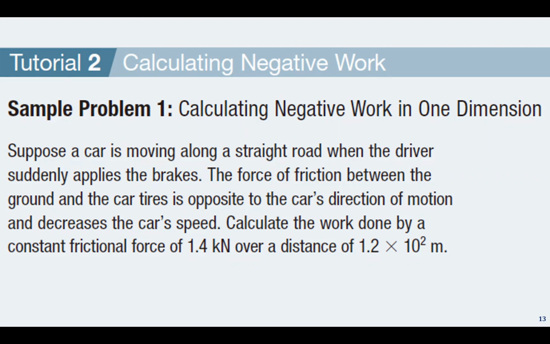Calculate the work done by a constant frictional force of 1.4 kilonewtons over a distance of 1.2 times 10 raised to the power of 2 meters. Okay, I'll give you 3 minutes to consider this problem quickly, and then we'll have a look at the solution together.